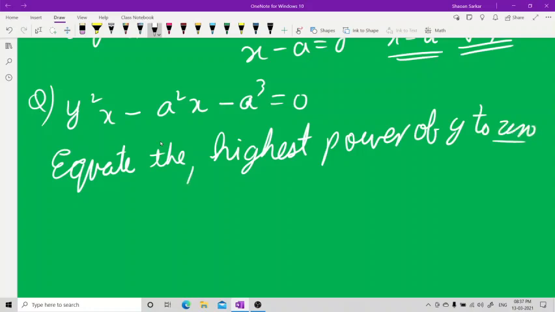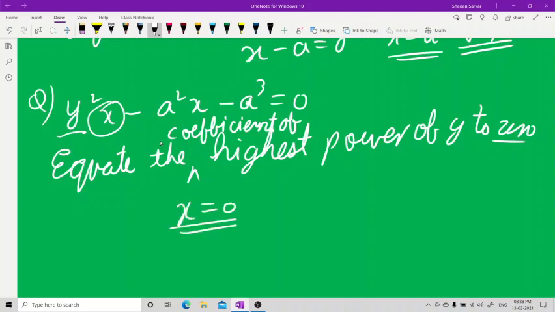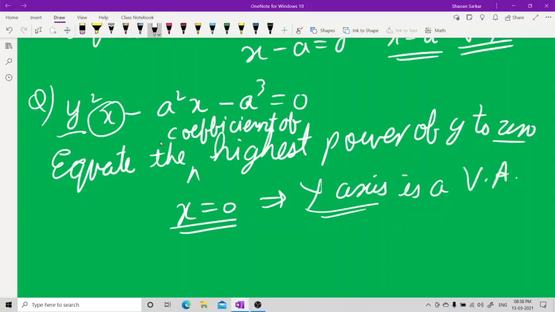Equate the coefficient of the highest power of y to 0, and this coefficient is x equal to 0. X equal to 0 means the y-axis. The y-axis is a vertical asymptote.